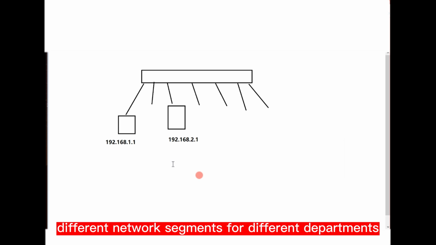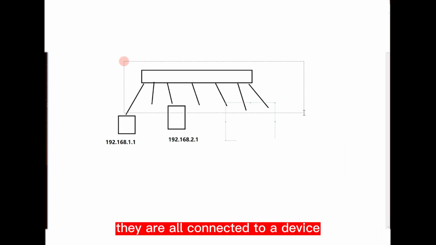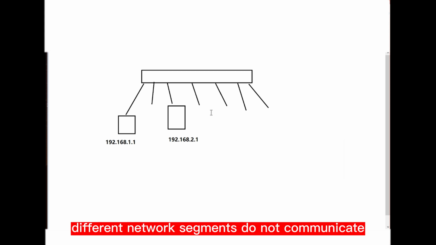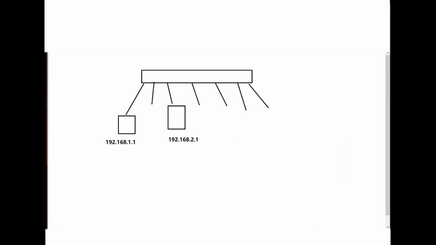If I now assign different network segments to different departments, all connected to one device, they also don't communicate. VLAN also does not work this way. Different network segments do not communicate. I simply configure it as a different network segment, and it doesn't work.